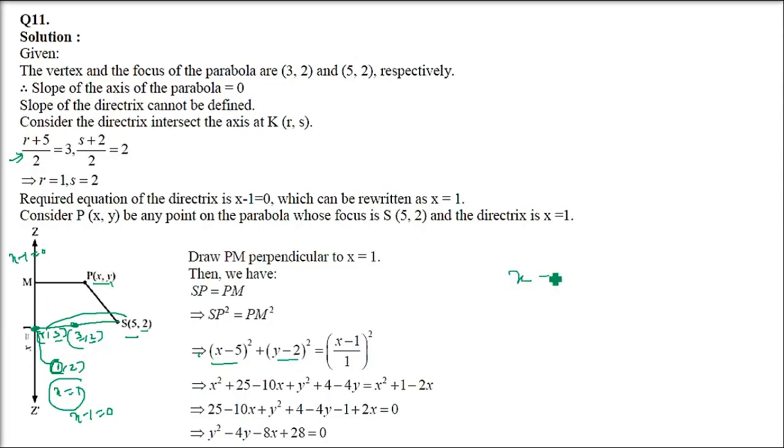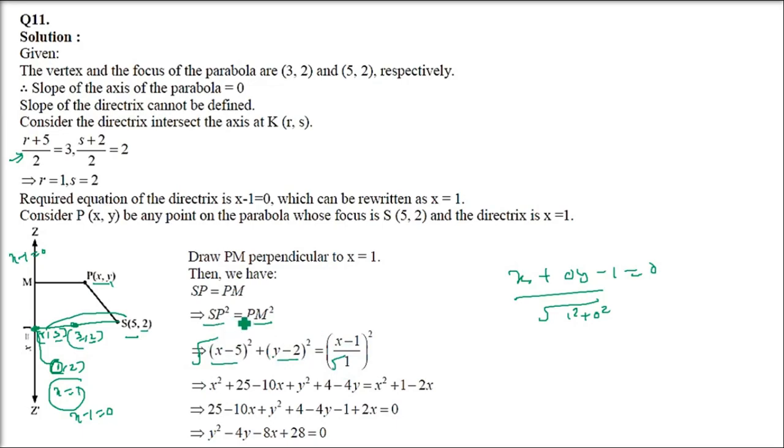So you can write it as SP equals PM, and SP square equals PM square, just square it. So how to find the perpendicular distance? This is the equation x minus 1. We can write it as x plus 0y minus 1 equals 0, divided by the root of 1 square plus 0 square. So x minus 1 whole square will come. And we have equated these two distances and squared it.